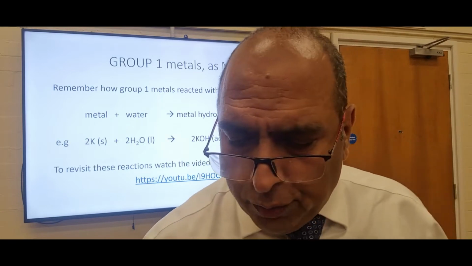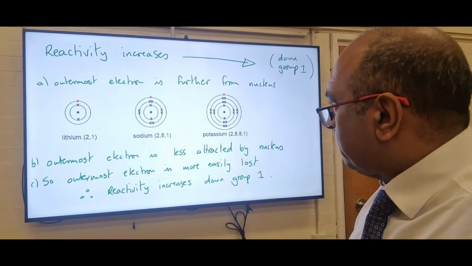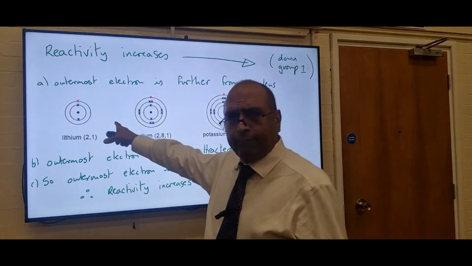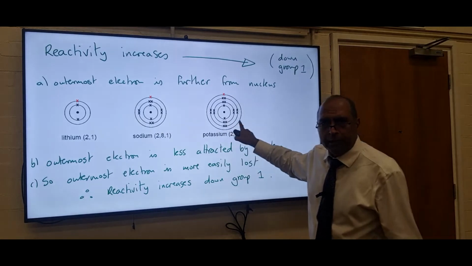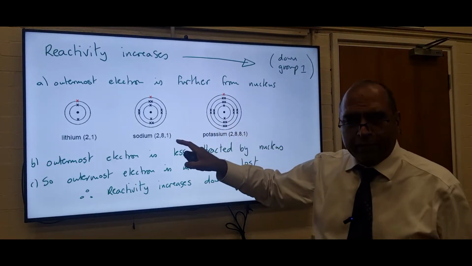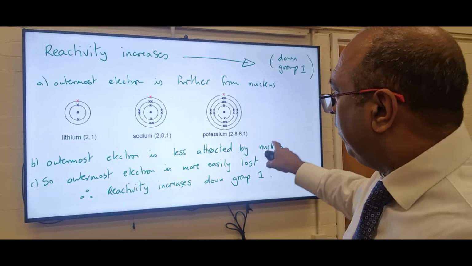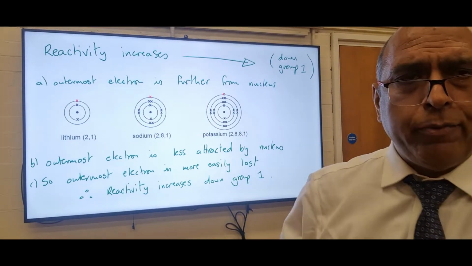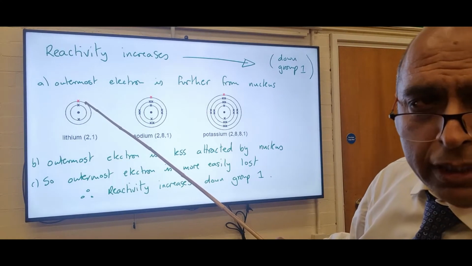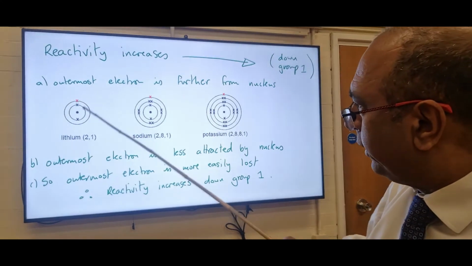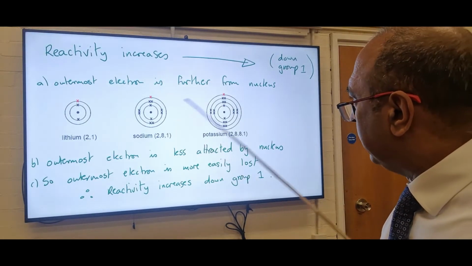If we do that with lithium and sodium, we see a pattern. We see that the lithium is least reactive, sodium is more reactive, potassium is even more reactive. The reactivity increases. Why? Well, the electron to be removed, that electron there with lithium is closer to the nucleus. That electron with sodium, the electron is further.